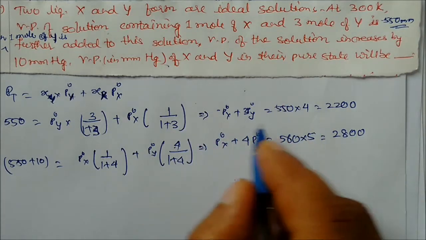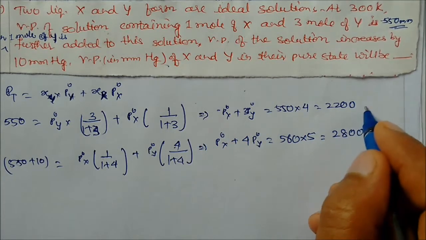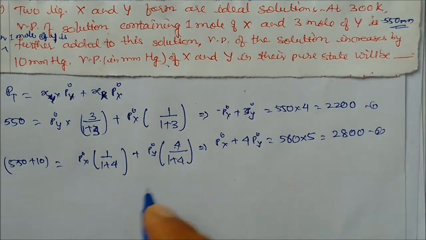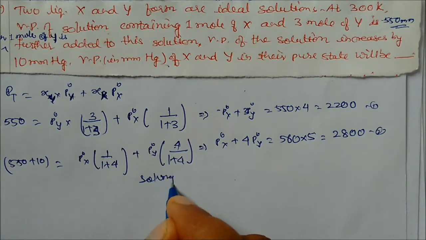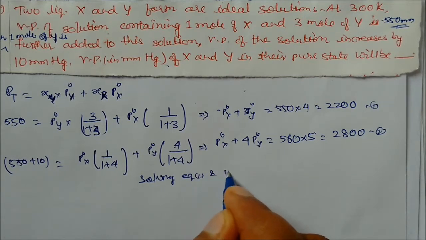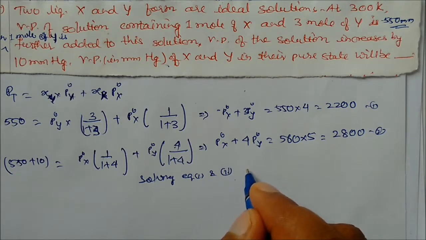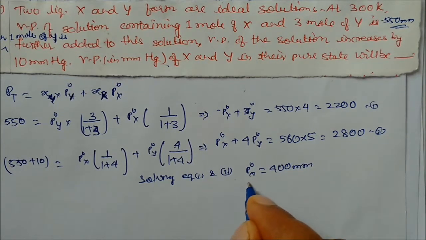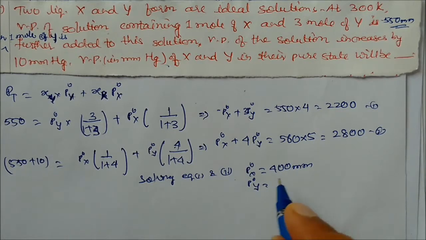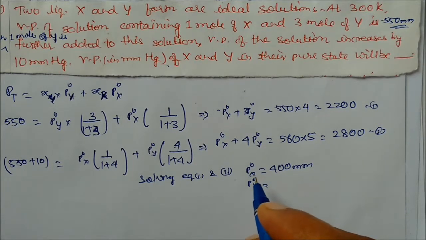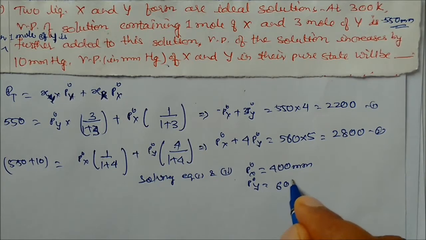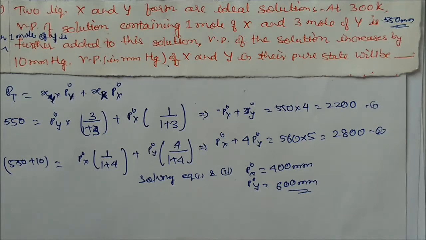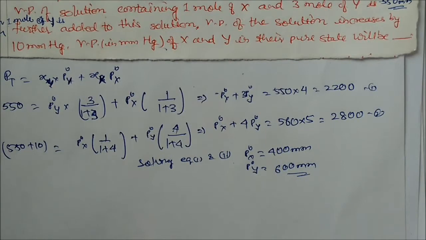Now this is a simultaneous equation, so you can solve equation 1 and equation 2. Solving equations 1 and 2, we get P naught X as 400 millimeter, and P naught Y, that is the vapor pressure of pure X and pure Y, as 600 millimeter. So we have to remember the formula and use it properly, because most questions we have seen are formula based.